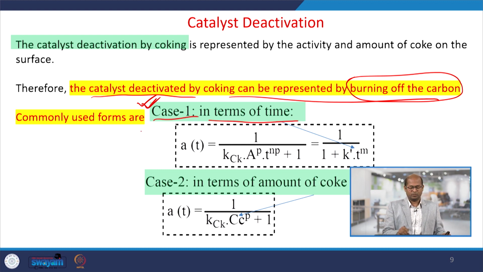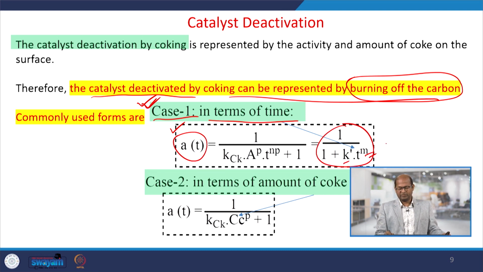So, these are the commonly used forms that we should know: the activity in terms of time. Okay. Here k prime and m are the constants or parameters for this equation. We can also write the activity in terms of coke concentration, where kc is some constant and p is another parameter for this equation.